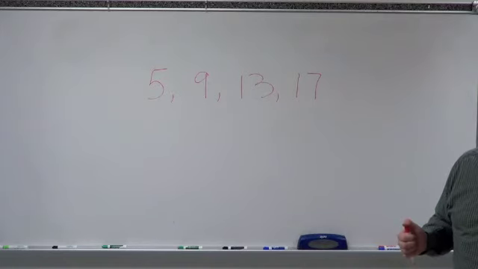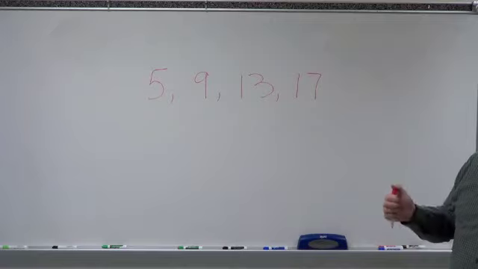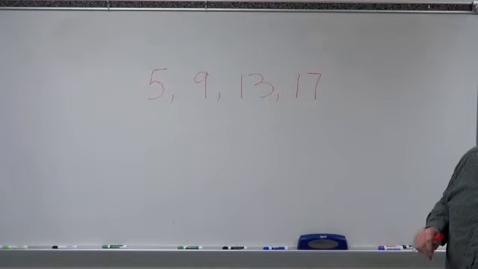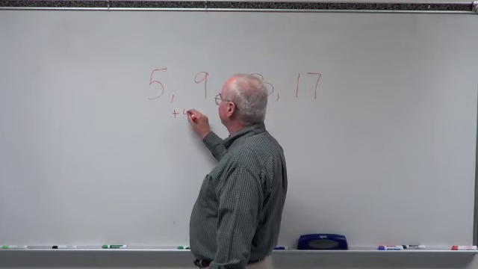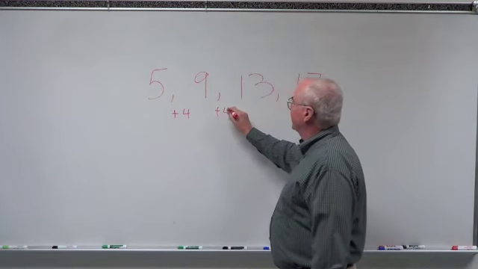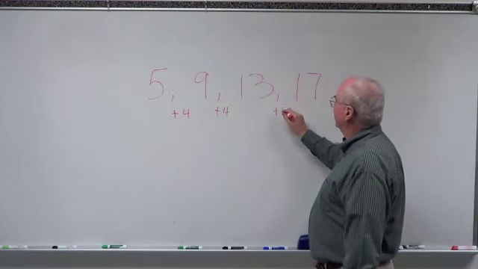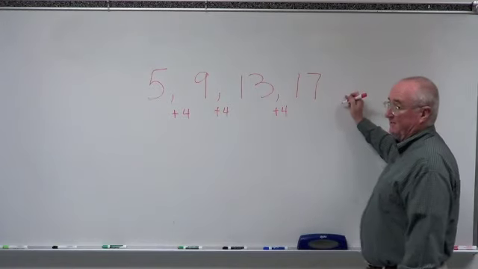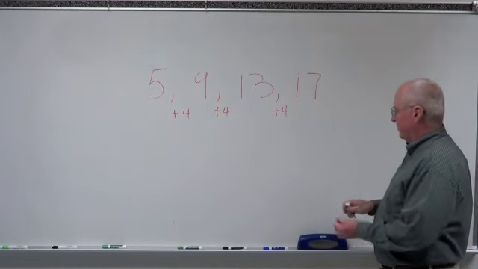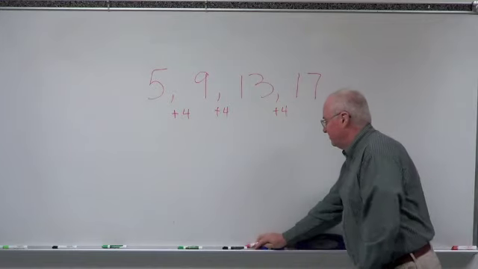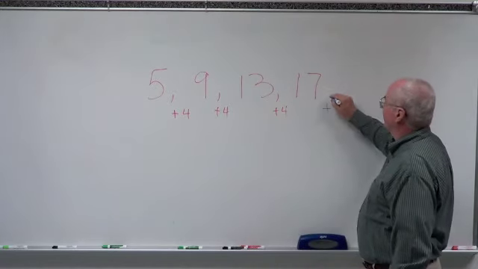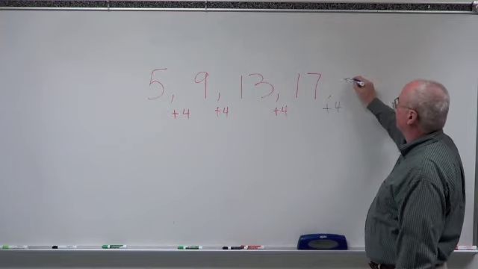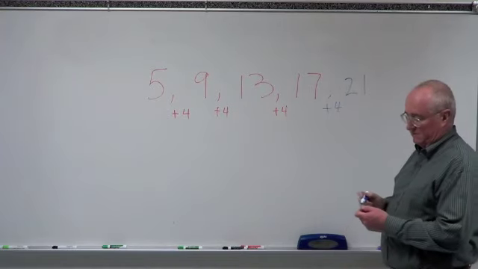See what the pattern is. I'm sure some of you already got it. Yeah, hands up. What is it? Well, what's the difference here? Plus 4. What's the difference here? Plus 4. What's the difference here? Plus 4. What do we expect the difference to be on the next one? Plus 4. So the next item would be 21.